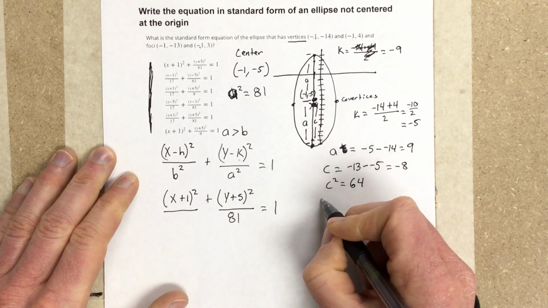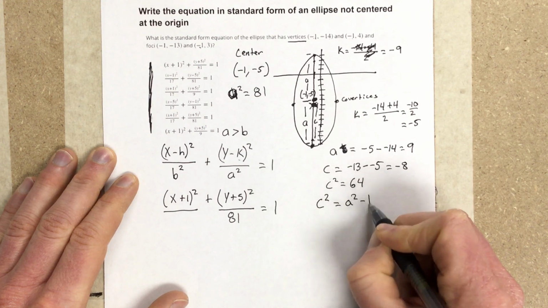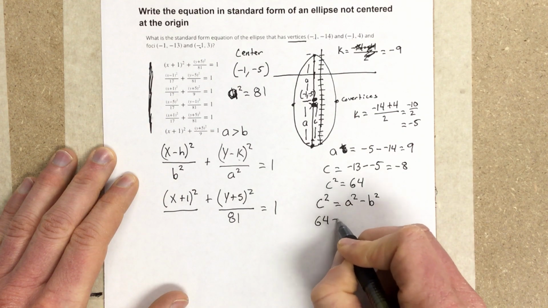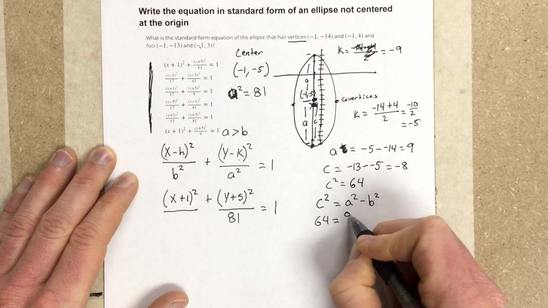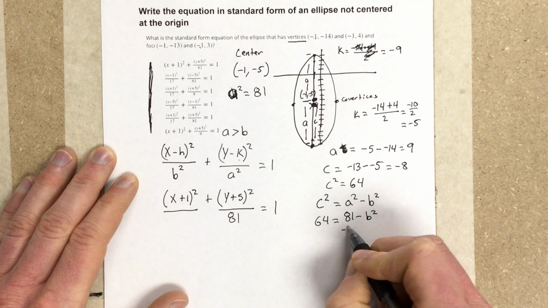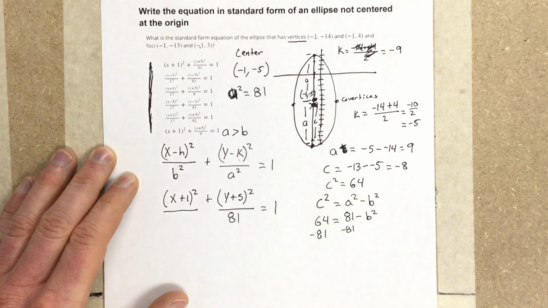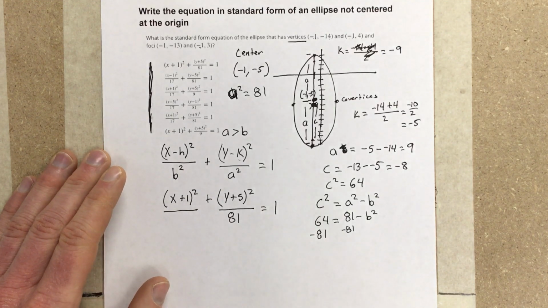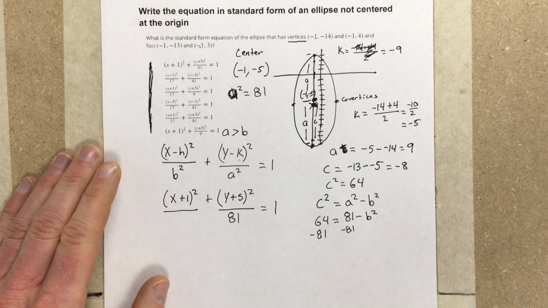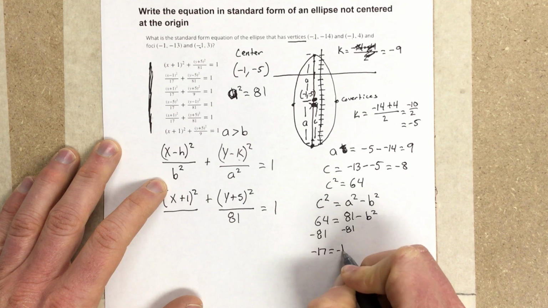So I can use this equation for the foci, c squared equals a squared minus b squared, to find this b squared piece. I get 64 is equal to 81 minus b squared. Subtract the 81 on each side, I get -17 equals negative b squared.